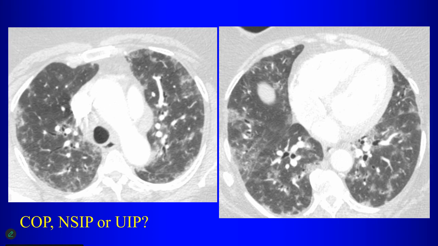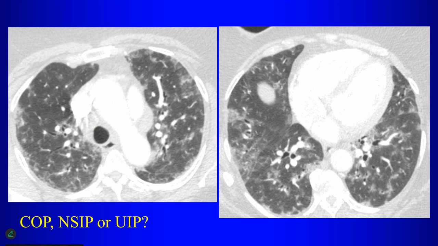So, when we look at this case, I will give you a choice. You have COP, NSIP, UIP. Which of those would you pick? Not NSIP. All right, why not NSIP? There's subpleural sparing. Well, you don't have to have subpleural sparing with NSIP. It is specific for NSIP, but you don't have to have it.